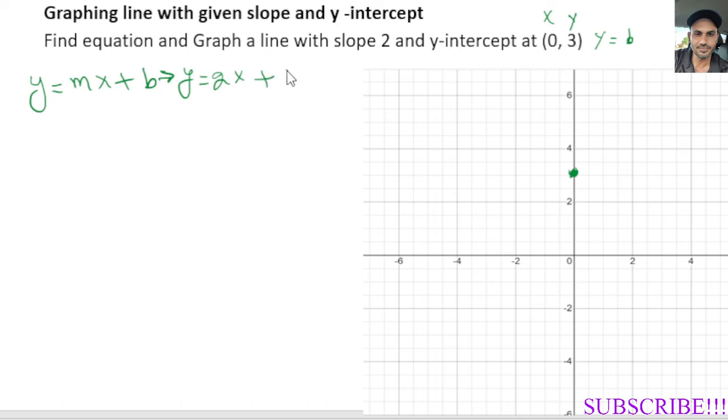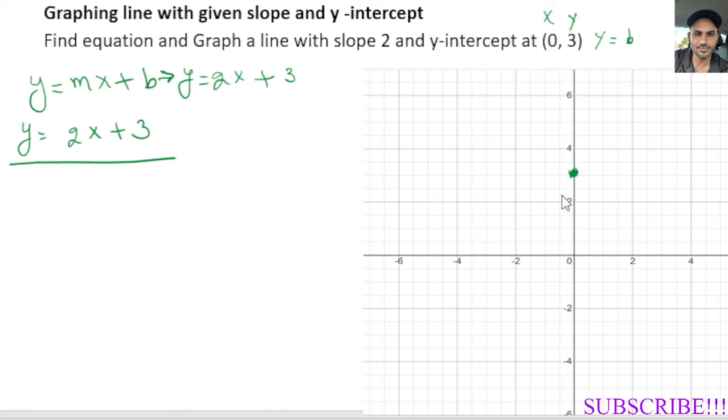So that would be 3. So we have y equals 2x plus 3. This is the equation of our line with the slope 2 and a y-intercept of (0, 3). So now we can go ahead and plot some points and graph the line.